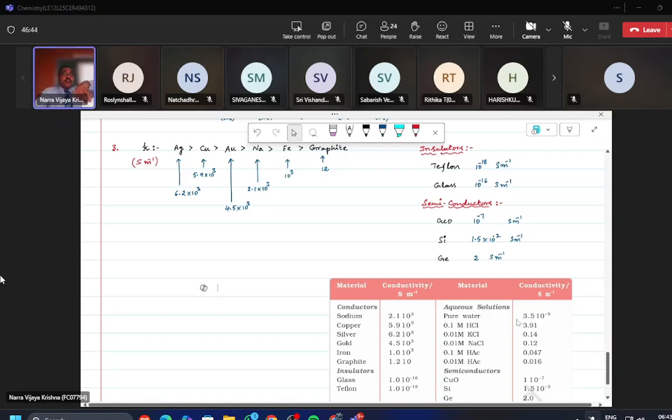If I add any salt, electrical conductance increases. So if you are standing under an electrical pole in rainy season, what happens? Nothing happens. Now keep some salt on your head, or throw some salt near the pole and stand. Now everything happens.